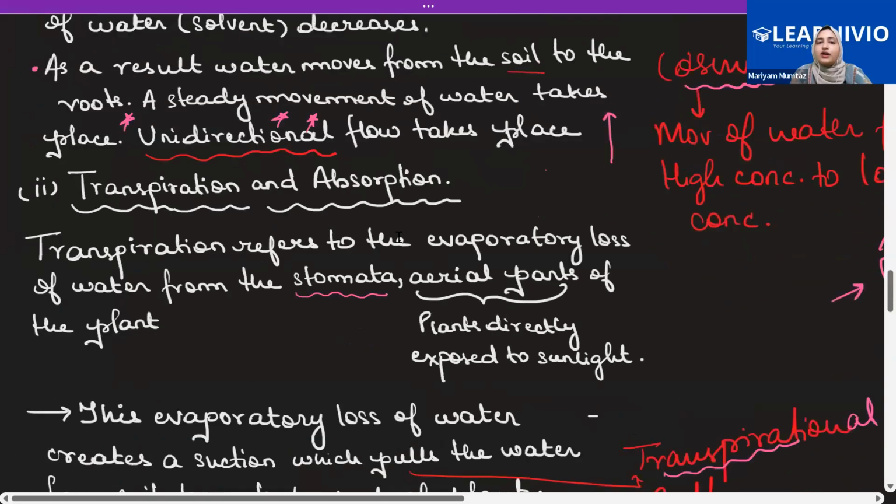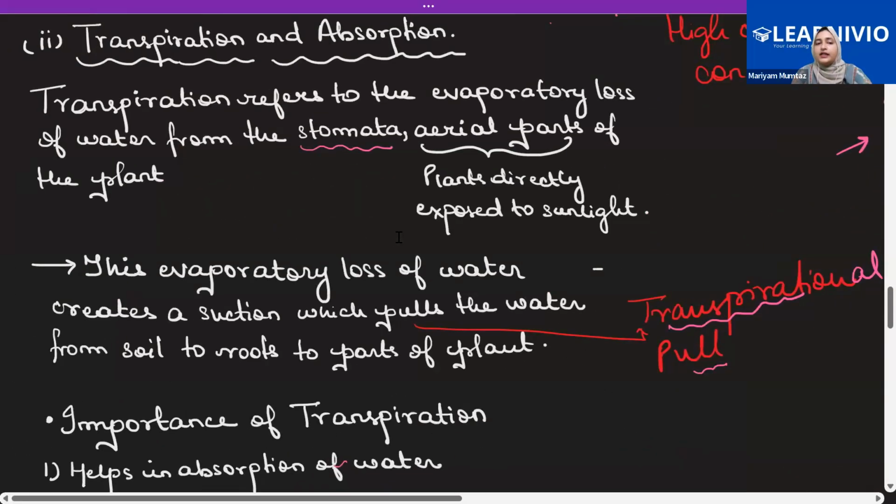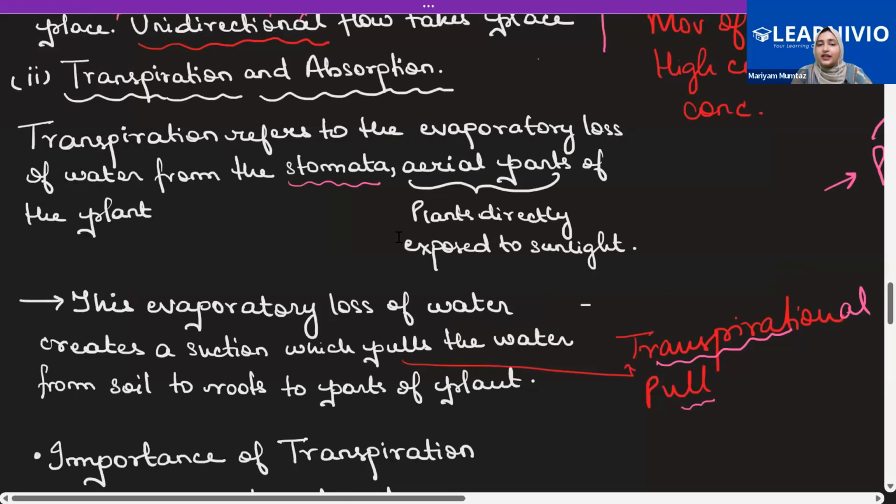After that, there comes the transpiration and absorption. Now see, in plants, transpiration means the evaporatory loss of water. When the water loss takes place from the plant's body, water is being lost from upside, and here the plant requires more water to be absorbed.